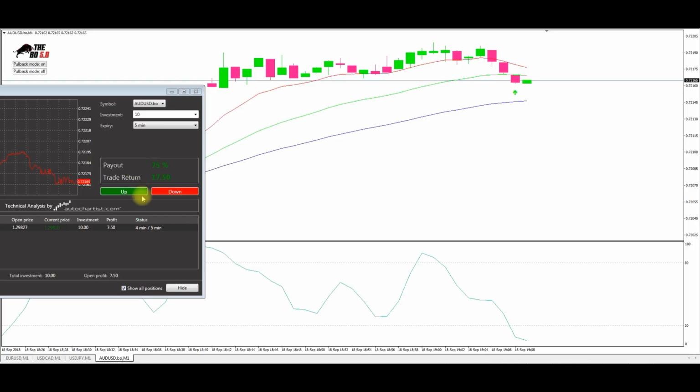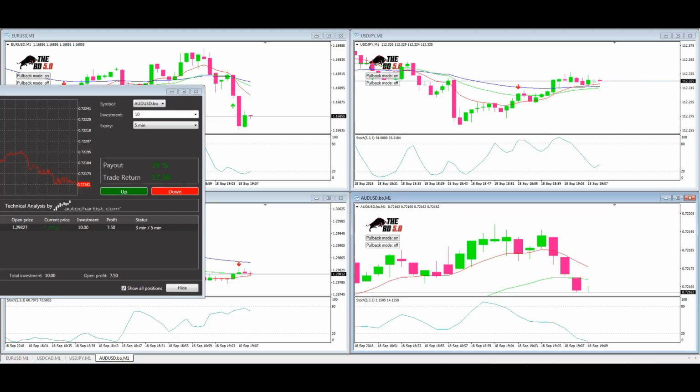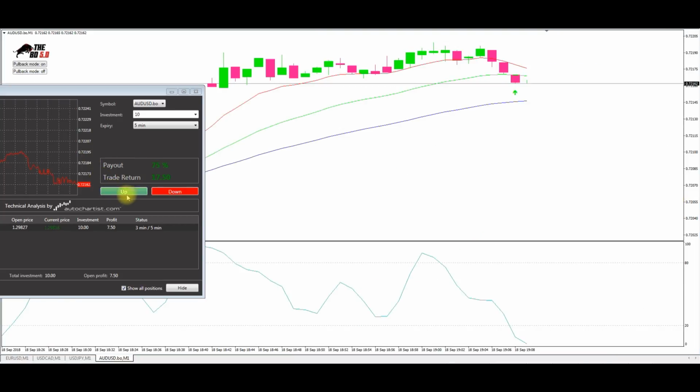I think this might keep dropping a bit. Oh no. It's tense, this is. Seeing what this next candle does, and then I'll make a decision.